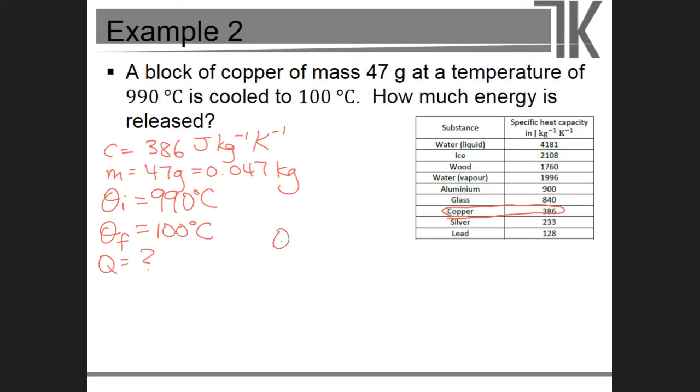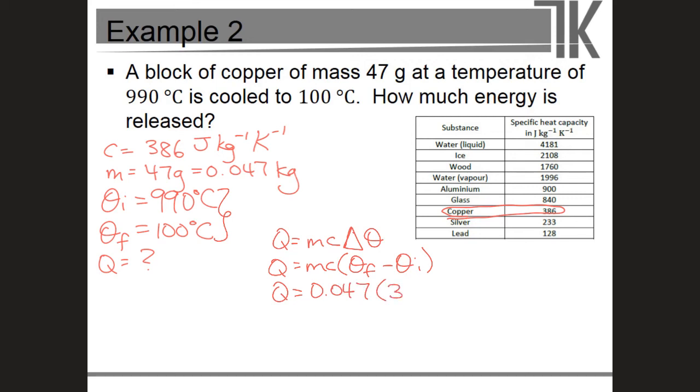So we go Q equals mc delta theta, and make sure that we either show our calculation of delta theta up here or substitute in final minus initial to show that we're showing our substitution. So Q equals, our mass is 0.047 times c, 386, times our final minus our initial.